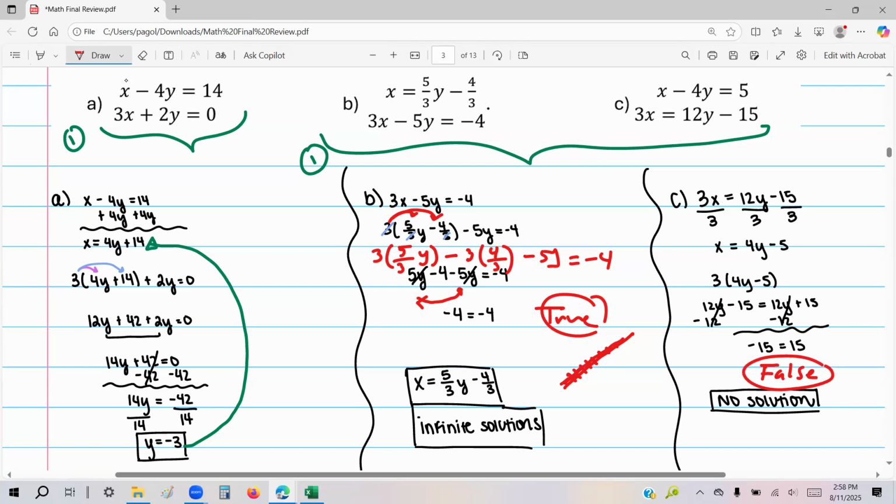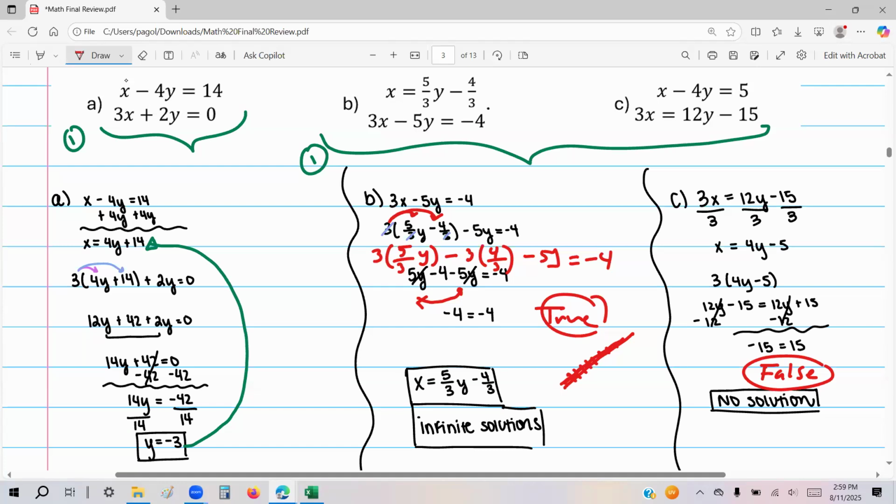So this is something false. If you get something false, it means there is no solution. What if we get +2 equals +2? Infinite solutions. If you have the same number on both sides, it's true. So all solutions, infinite.